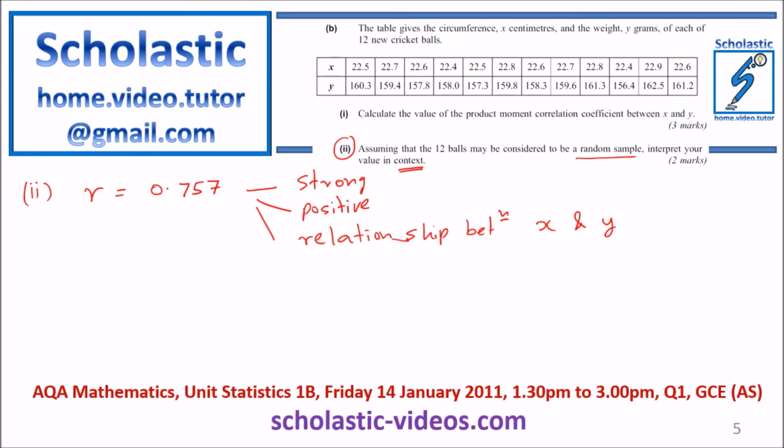So in this case we need to state this. When you write the statement, because we need to give a statement here, interpret your value in context.